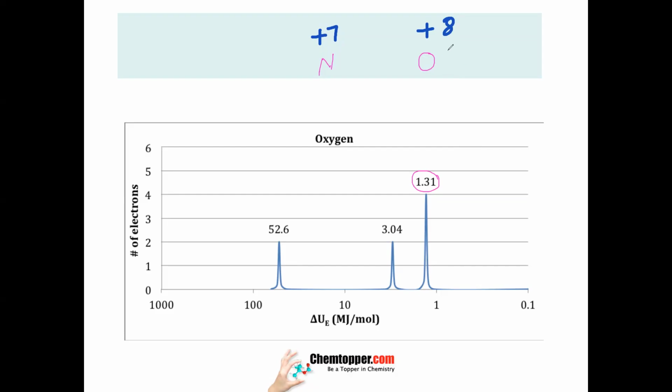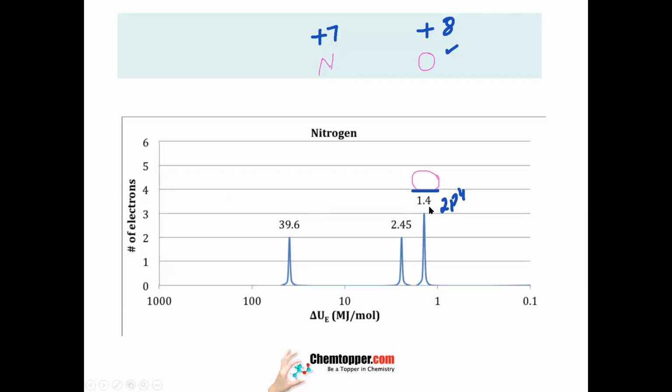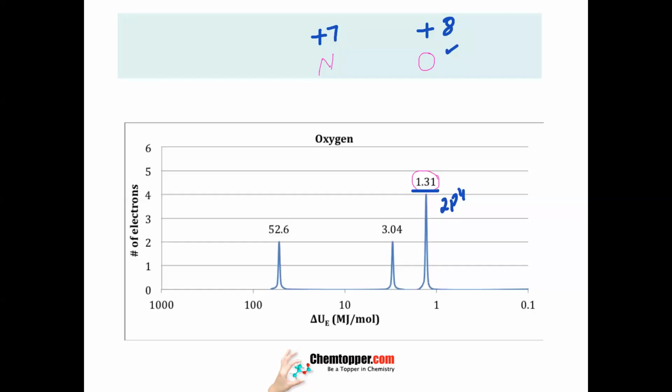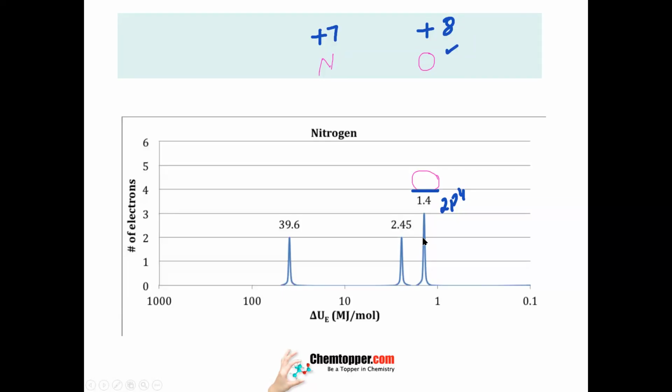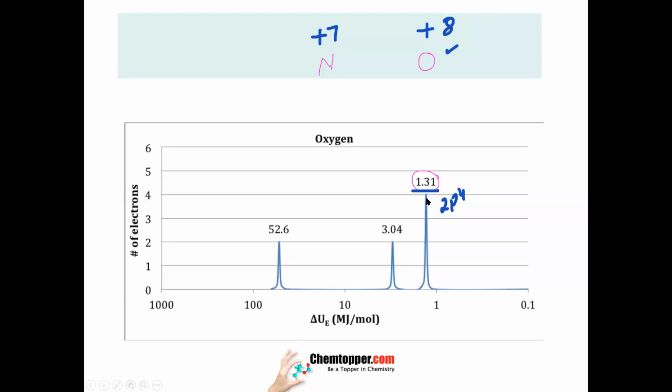So which one has more stronger attraction? Oxygen. But how come the signal of oxygen, which is 2p4, is to the right side of the signal of nitrogen? See, nitrogen is 1.4 and oxygen is 1.3. Anyone? Nitrogen 1.4, oxygen 1.3. Why is it so? So, you remember the configurations?